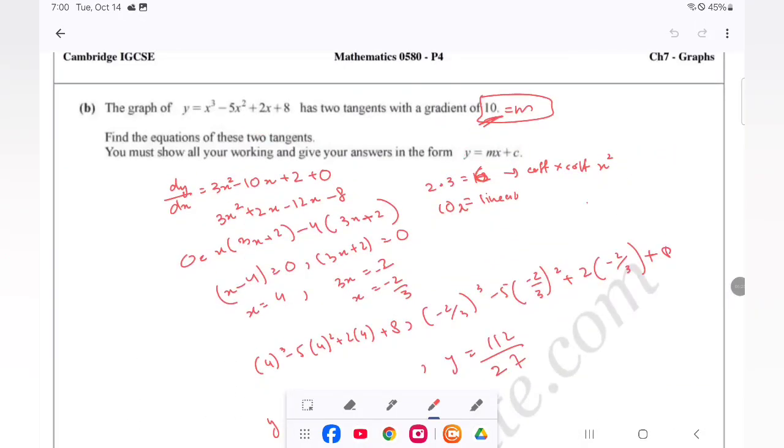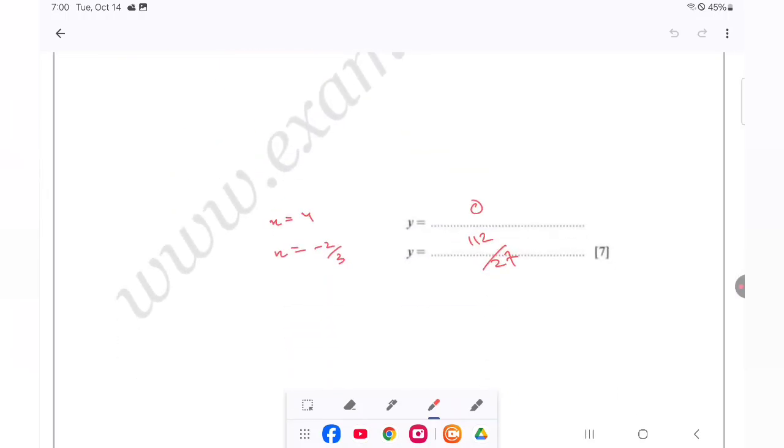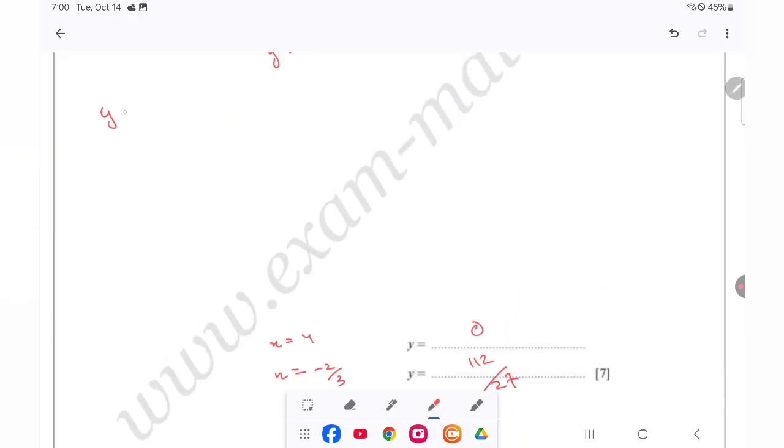But this is the x and this is the y value. We have to find the two tangents with the gradient of 10. For that, put y equals 10x plus c. This is our m. Put the values of y and x.